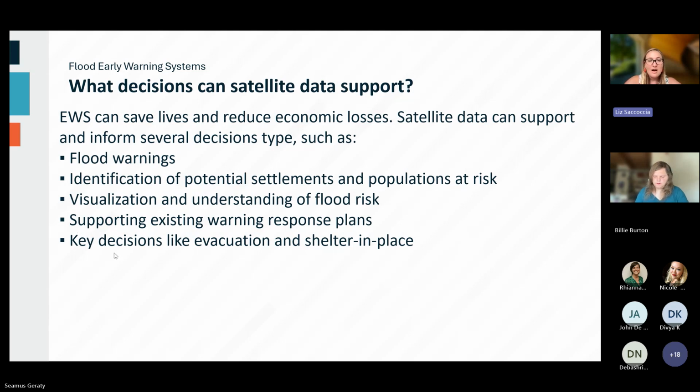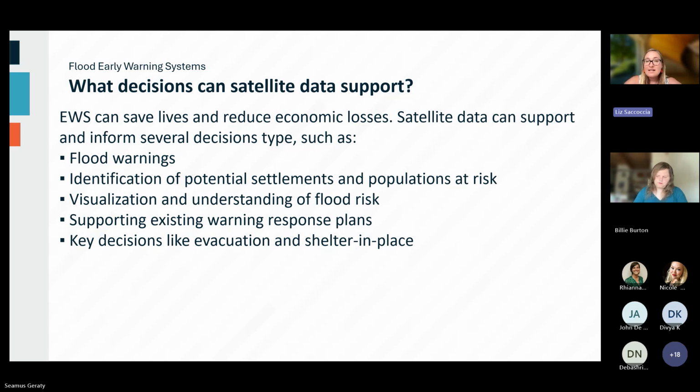In addition, there are tools like Google's open building data, based on Earth observation, that can show where settlements are and populations at risk. This is especially important for newer or less formal settlements, because those are harder to map, and that's where more imagery and real-time data can really support finding those vulnerable populations.